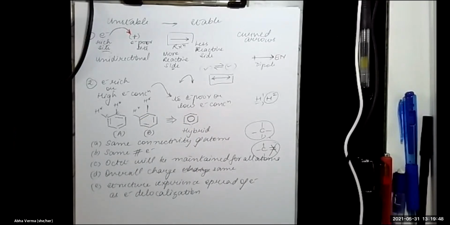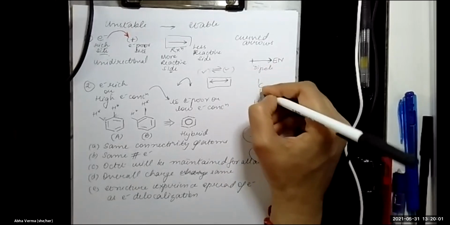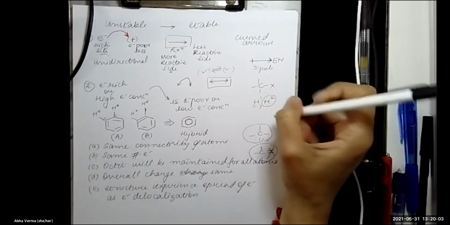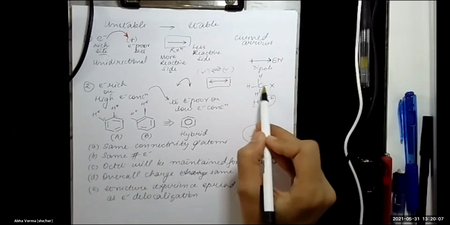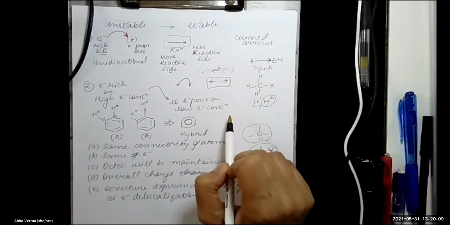And Nelson has asked, can we have deficient octets, like 3 bonds on a carbon and no lone pairs? Now carbon, unless you have a special case where carbon has an X and let's say all of these are hydrogens, carbon will always keep its 4 bonds.